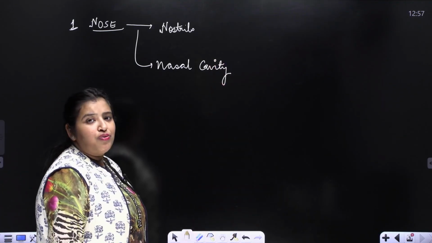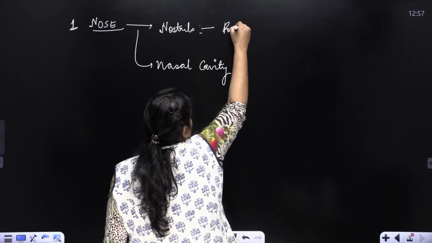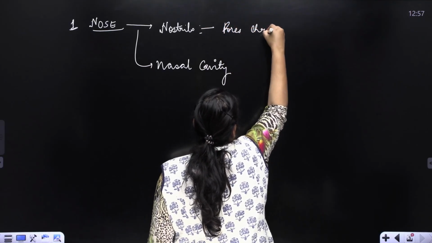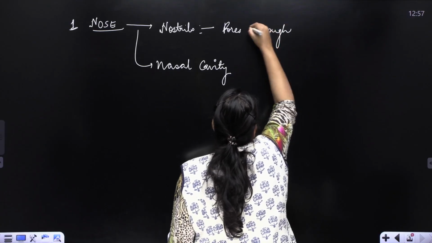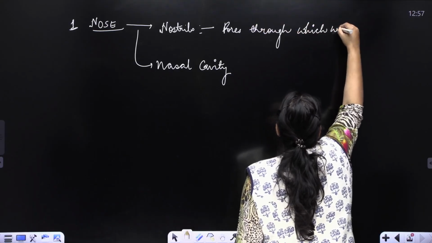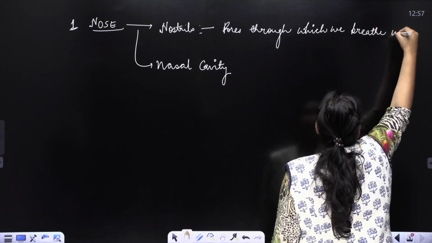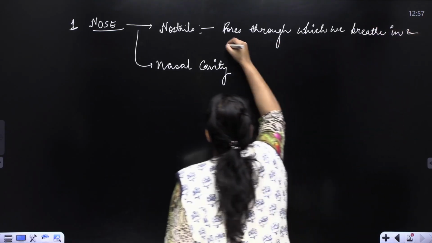Nostrils, as I told you, are pore-like. They are pores through which we breathe in and out.